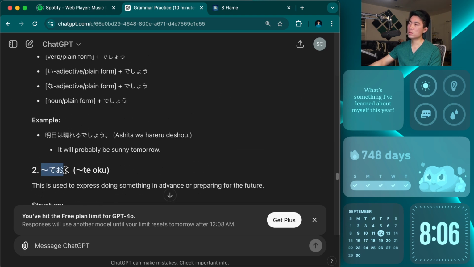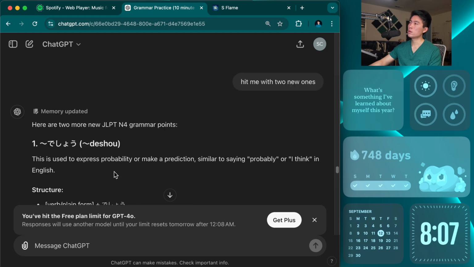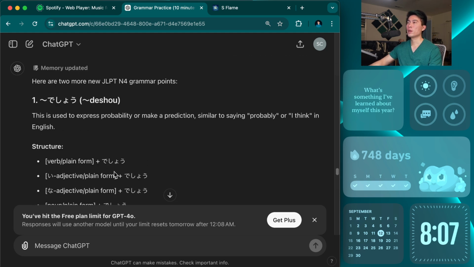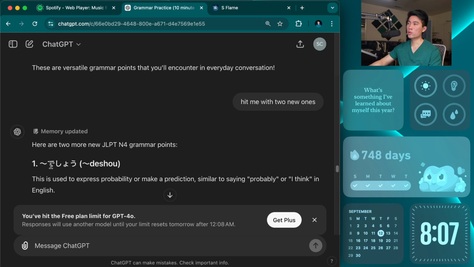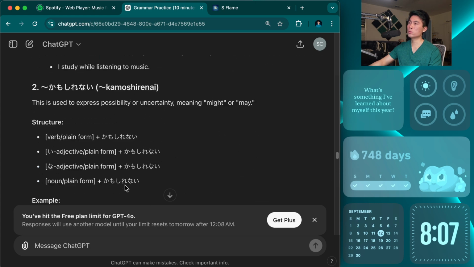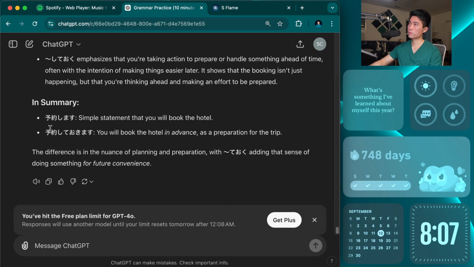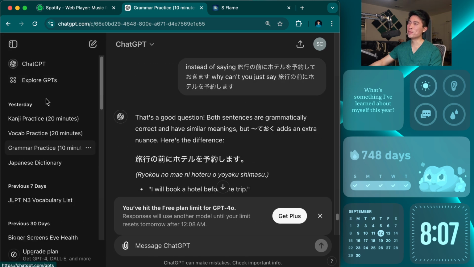So te oku, something I would try to use more when I'm thinking about doing something in preparation for the future. And then desho is like a stronger probably compared to kamo. Okay. I will try to add those things to my repertoire, to my language usage of Japanese.